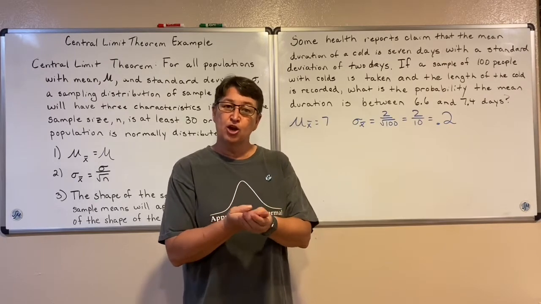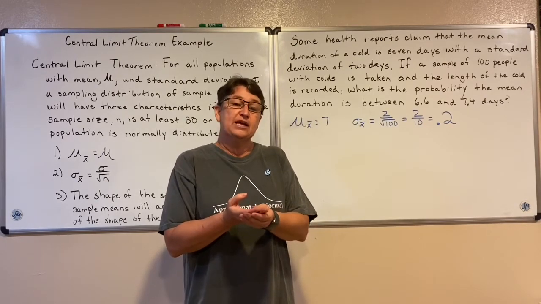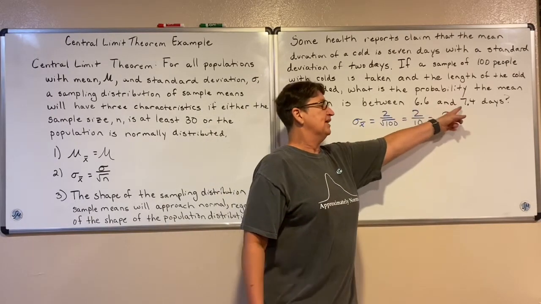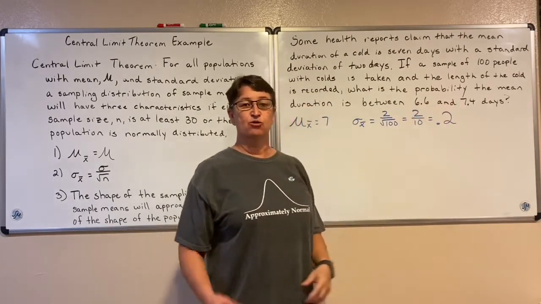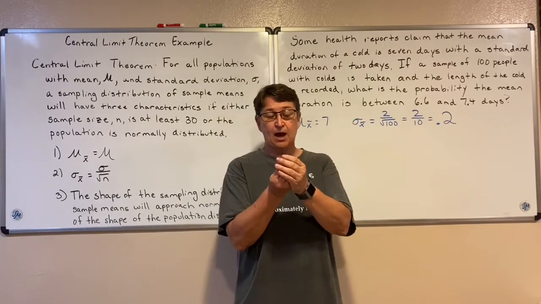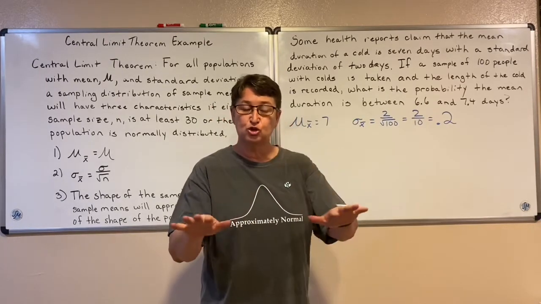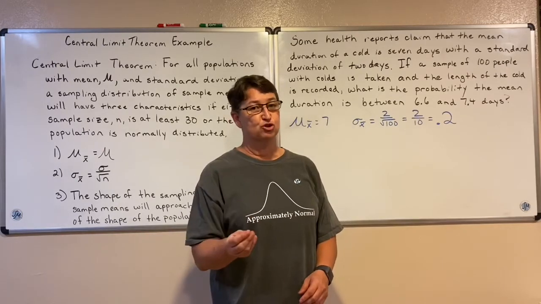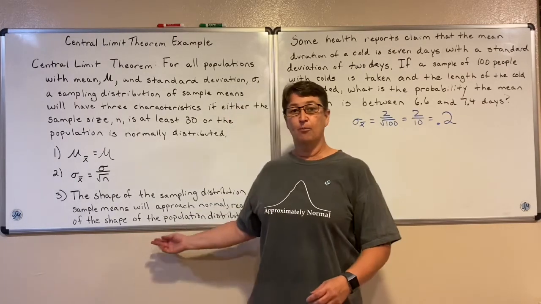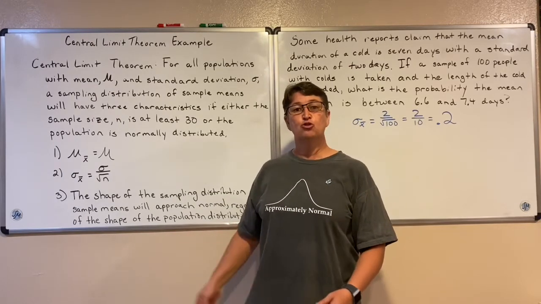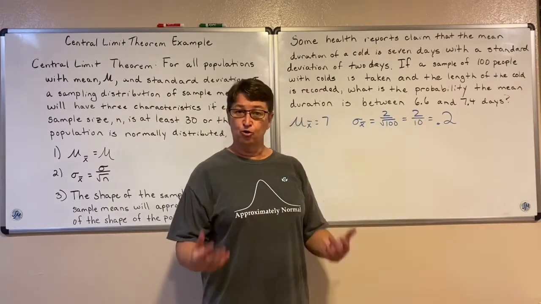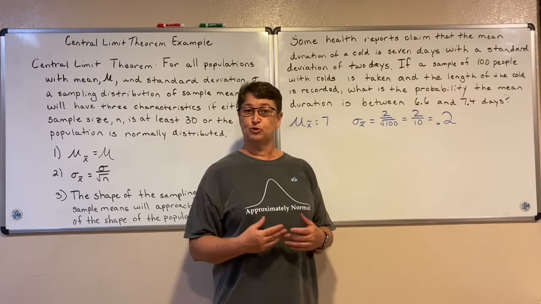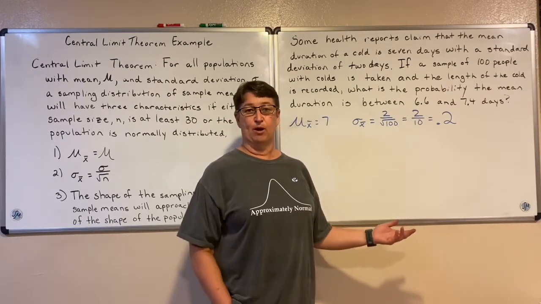We want to know the probability that that mean is between 6 6/10 and 7 4/10 days. Well, we know that that mean belongs to this distribution of sample means, and we know that this distribution is approximately normal. So now we can use what we know about the normal distribution to help us find that probability.